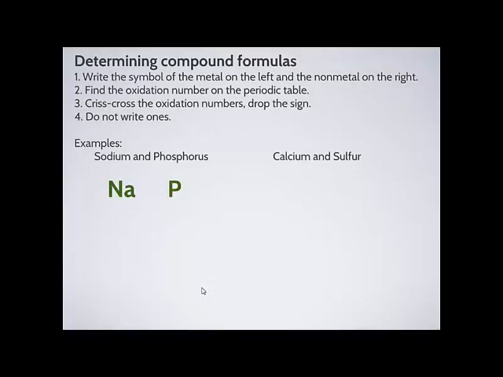Okay. So for example, if we have sodium and phosphorus, you're going to need your periodic table here for a little while. If you don't have it out, take it out. The metal on the left, that's sodium in this case. The nonmetal on the right, phosphorus. Tell me, what is sodium's oxidation number?